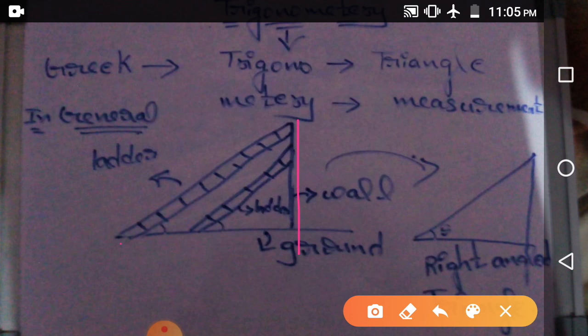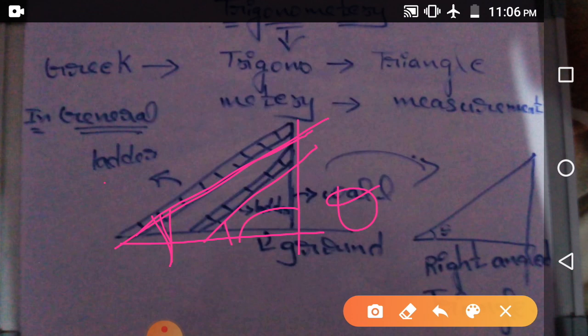Here is a line, and if this ladder is replaced with another ladder, with a change in distance, you'll find there is a change in angle compared to the earlier angle. This angle is known as theta. Let's name it theta, and the triangles which are formed are similar right angle triangles.